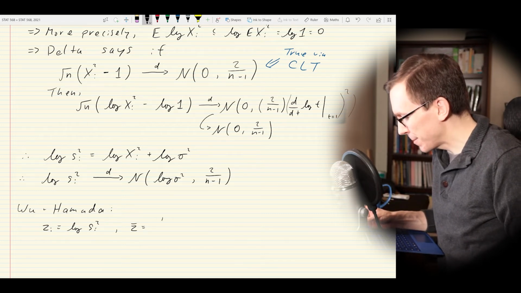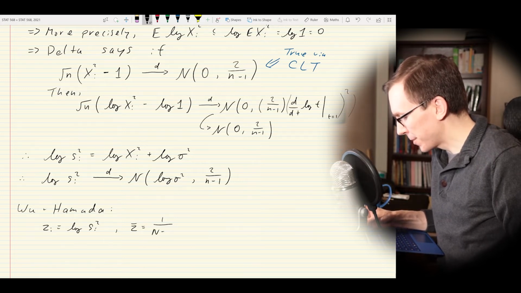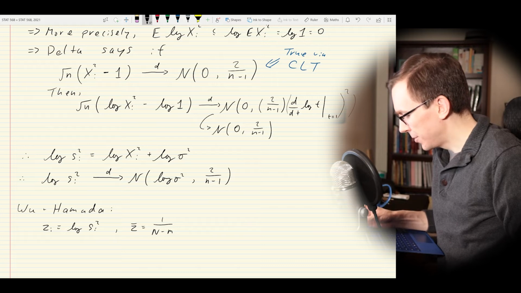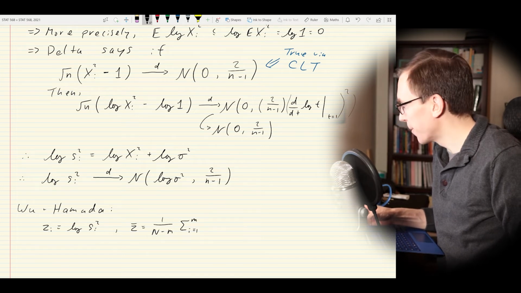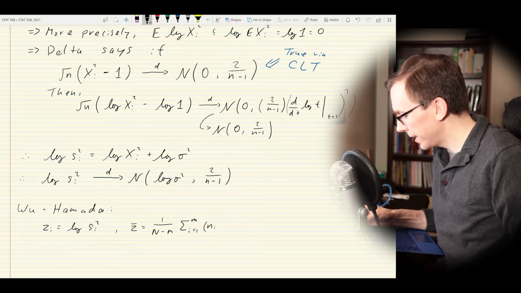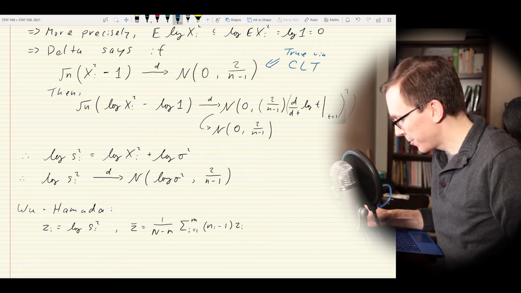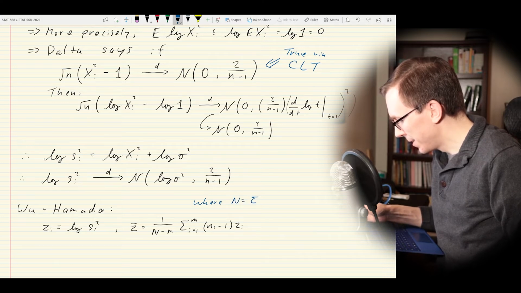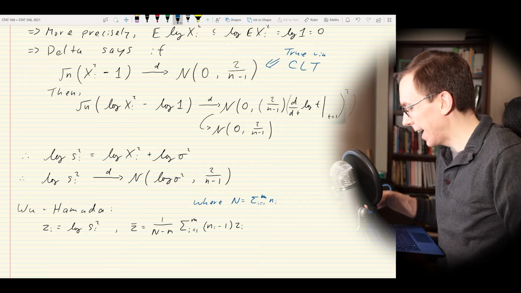In our case, I'm assuming that every category has the same number of observations, but just to be as general as possible, we can write this sample mean down in this form, which is going to look like n_i minus 1 times z_i, divided by capital N, where capital N is the sum from i equals 1 to m of little n_i.